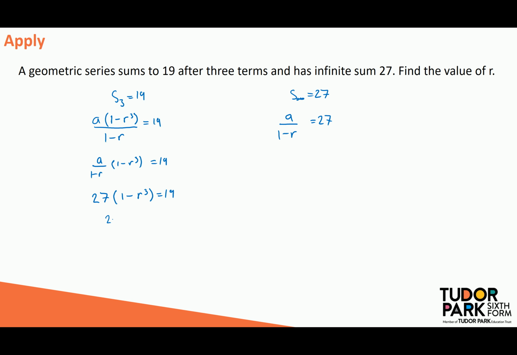Now expanding that is going to give me 27 minus 27r cubed is equal to 19, and rearranging this is going to give me 8 is equal to 27r cubed. 8 over 27 is equal to r cubed, and I can take the cube root of this to find out that r is going to be 2/3.